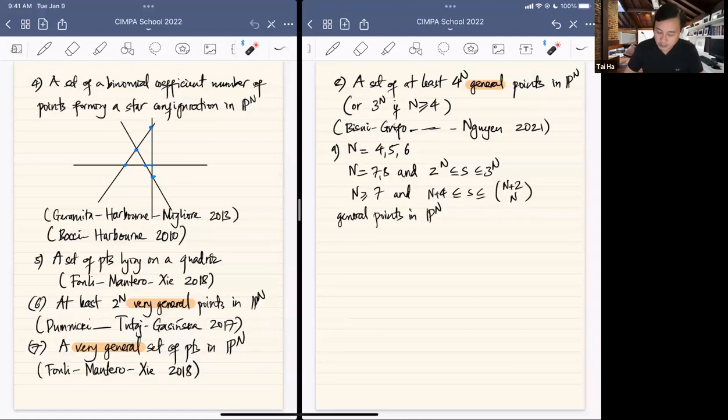So what they do is they take care of the next batch of numbers. So those are the, for small numbers of points, this is a recent result by Bisui and Nguyen. Both of these are my students: Bisui is my former PhD student, and Nguyen is my current PhD student. Okay, so that's what is known for Chudnovsky.